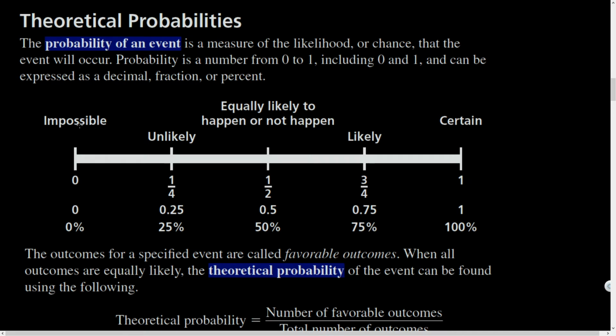It's never going to happen. 1 as a probability is guaranteed to occur. And numbers in between, which you could represent as fractions or decimals or percentages, are the likelihood of that event occurring. So 1/2 is equally likely to happen or not. Smaller is less likely, greater is more likely.